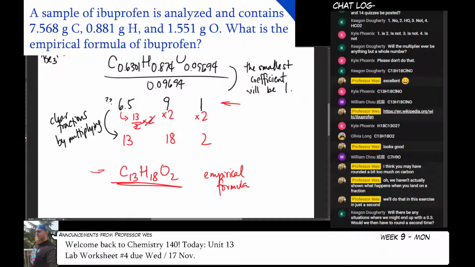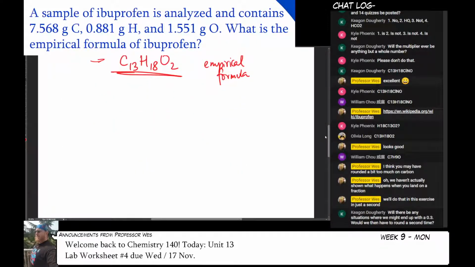Now, are there any situations where you might end up with like 0.3, would you have to round a second time? So you won't end up with 0.3 necessarily, but what you could end up with are things like 1.25 or 1.33 or whatever. So we already looked at this example where you have a 0.5 and you just times it by 2 to fix it.